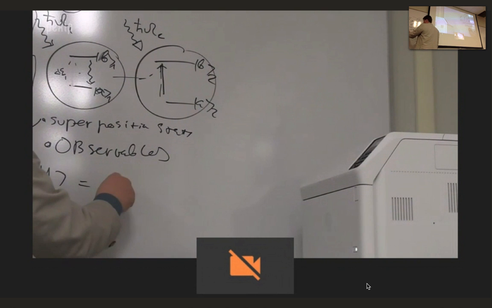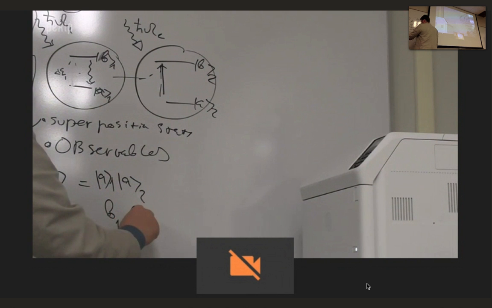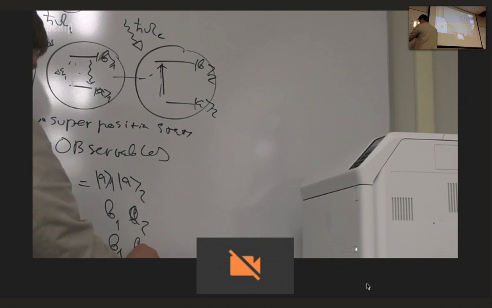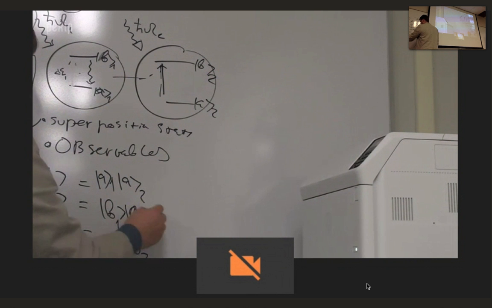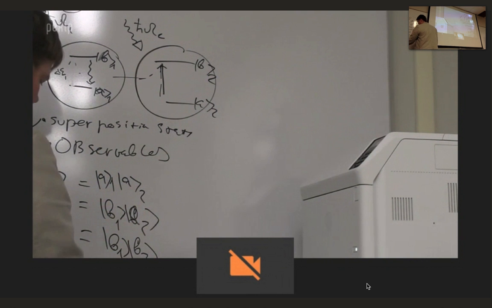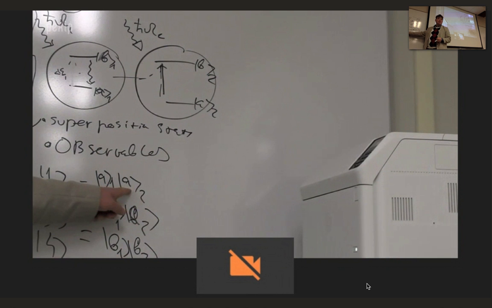So the basis states of the overall system will be composed as a product of the states of the individual systems, and our Hamiltonian will be 4 by 4, right?